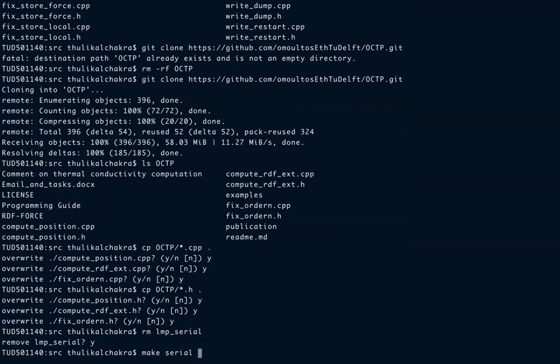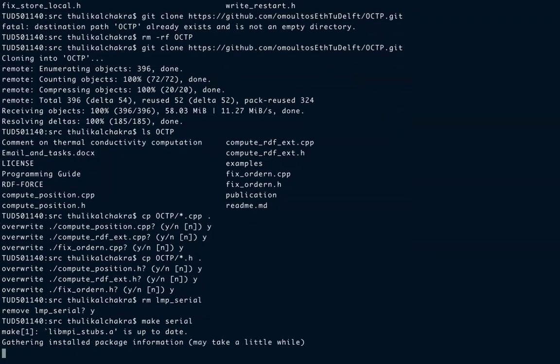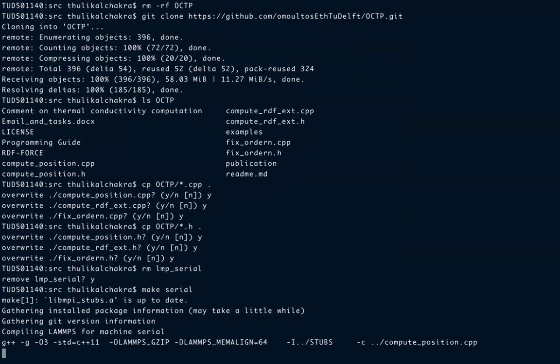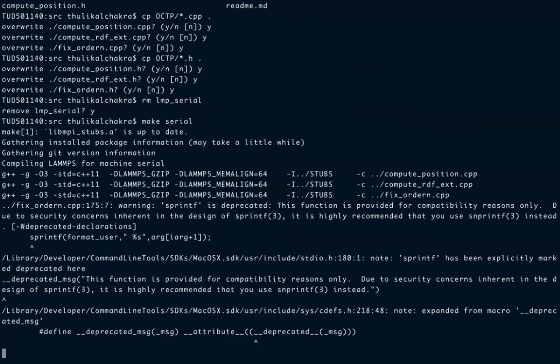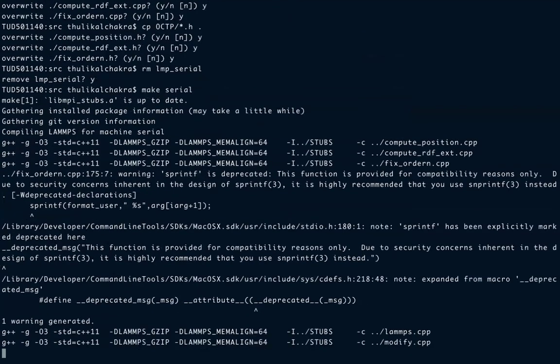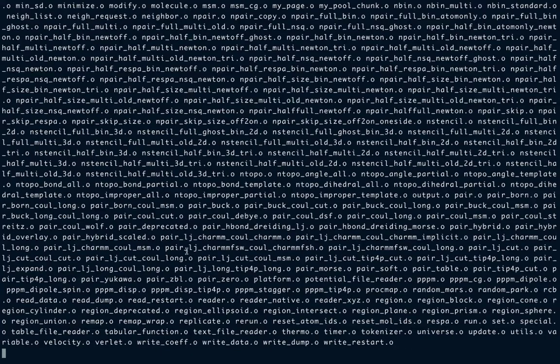So let me do make serial because we are interested in generating a serial executable for LAMMPS. These are warning messages which you do not have to worry about.